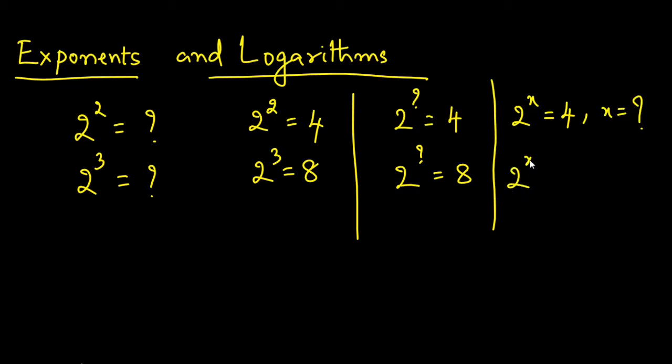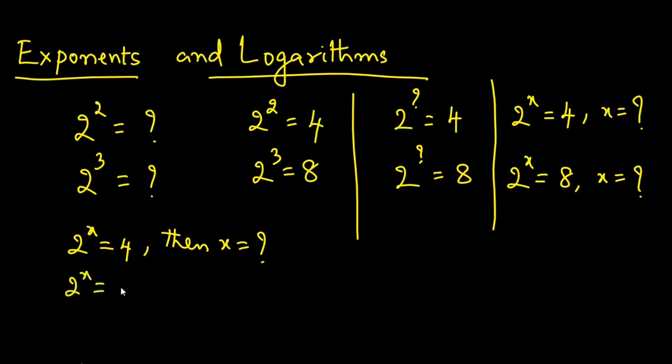We know 4 can be written as 2 power 2, so 2 power x is equal to 2 power 2. So x is equal to 2.